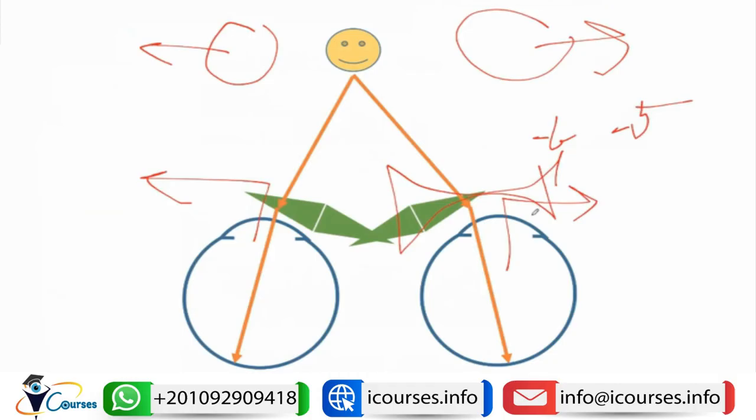a temporal decentration, or the decentration will be toward the outside, so that the image will be falling toward the apex, and then the image will be toward the base. So sorry, the light rays will be deviated toward the base, and the image will be deviated toward the apex, so that the image will be displaced temporally, so that these eyes who have convergence insufficiency will be able to see the image clearly without need to converge.